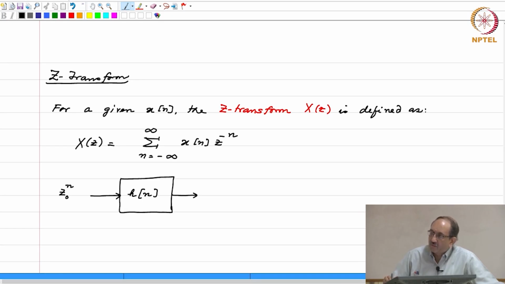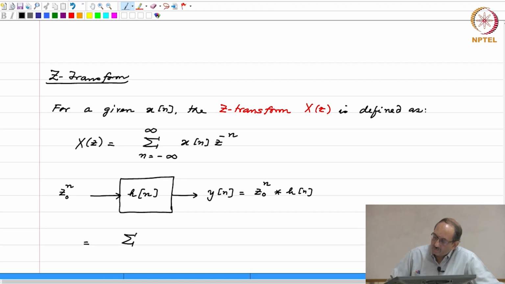To this we feed this everlasting exponential z naught to the n, and y of n of course is nothing but z naught power n convolved with h of n.